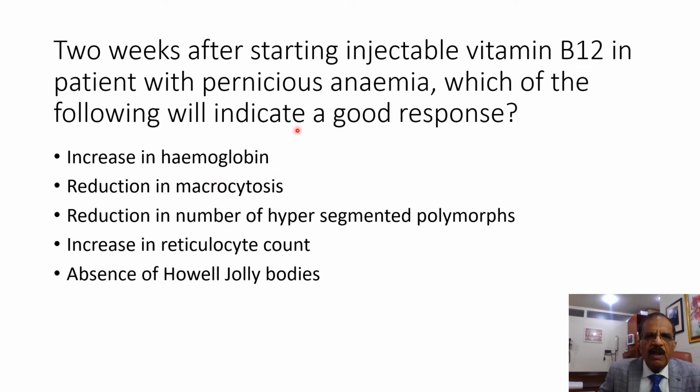The options are increase in hemoglobin, reduction in macrocytosis, reduction in number of hypersegmented polymorphs, increase in the reticulocyte count, and absence of Howell-Jolly bodies. You are testing only 2 weeks after administration of vitamin B12. Which one in retrospect will confirm that we are dealing with pernicious anemia and treating the patient correctly?